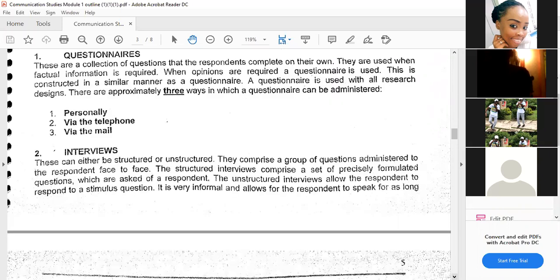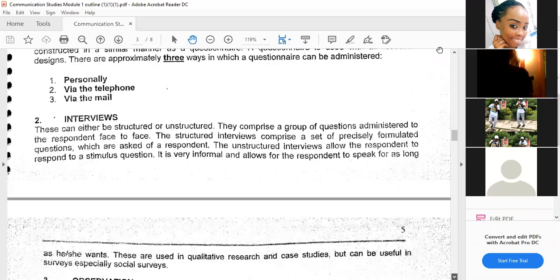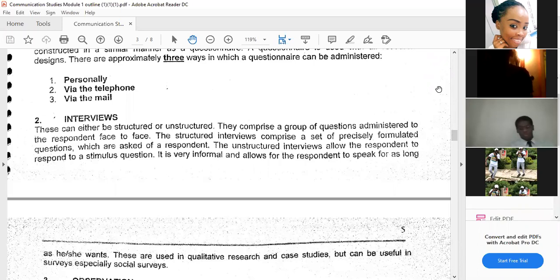All right. Next we have interviews. Remember, interviews and questionnaires are what kind of sources? Primary. That is correct. All right. Then we have interviews. These can either be structured or unstructured. They comprise a group of questions administered to the respondent face to face.